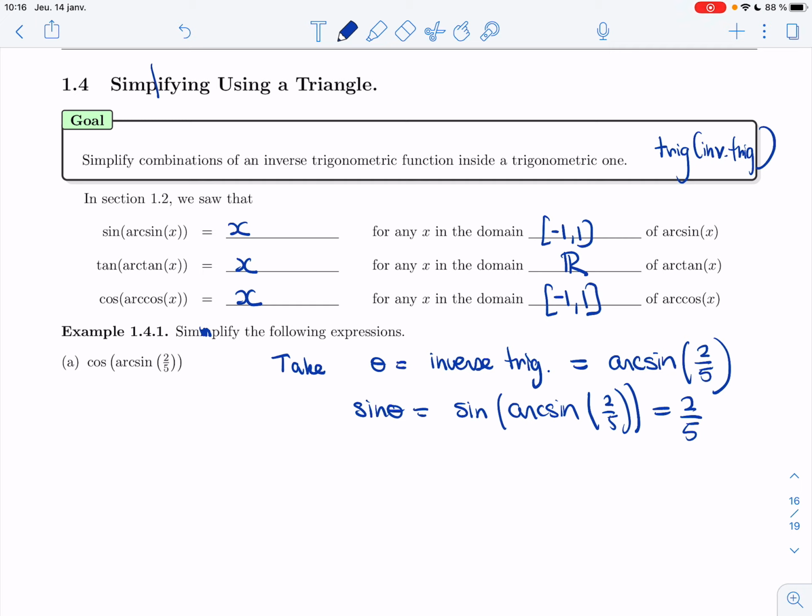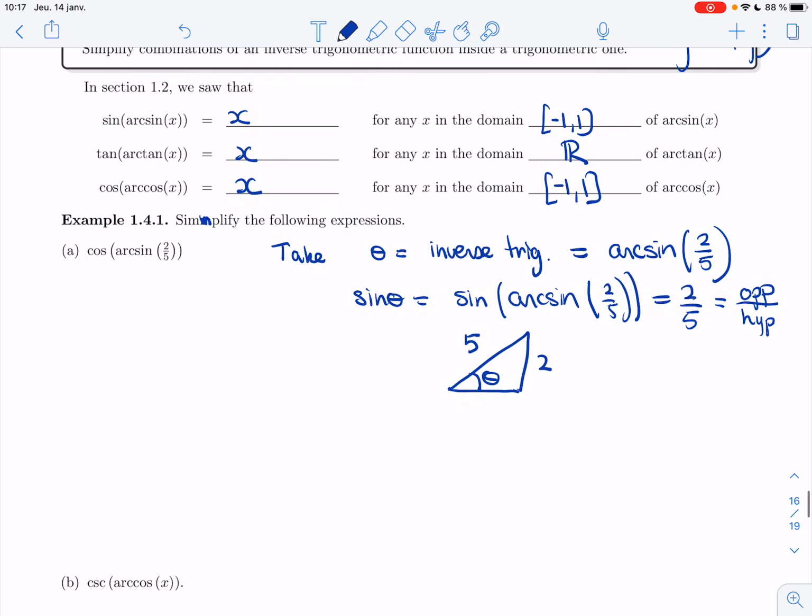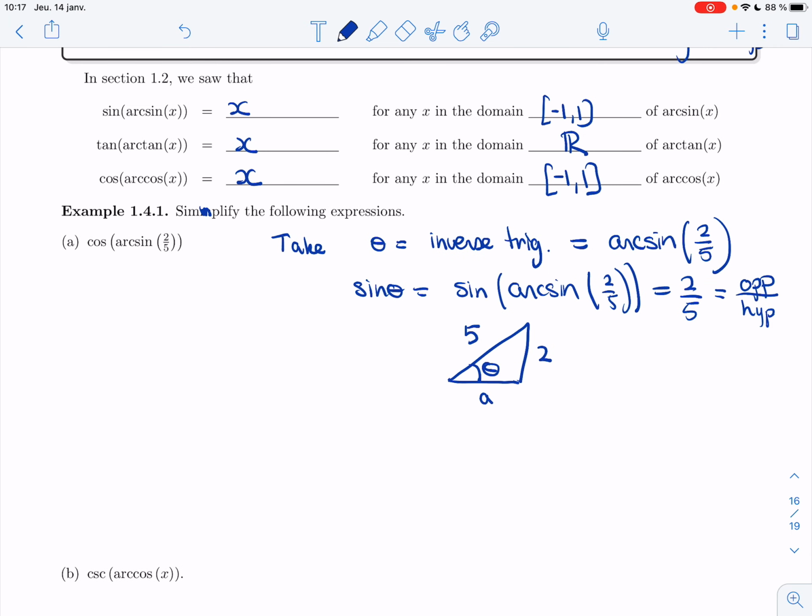But knowing that the sine is 2 on 5, I can build a triangle. Sine is SOHCAHTOA, so opposite over hypotenuse. That means I can build my triangle here. I'm going to take the opposite to be 2, the hypotenuse to be 5, and then the third side, the adjacent, will be A. To get A, I'm going to use Pythagoras.